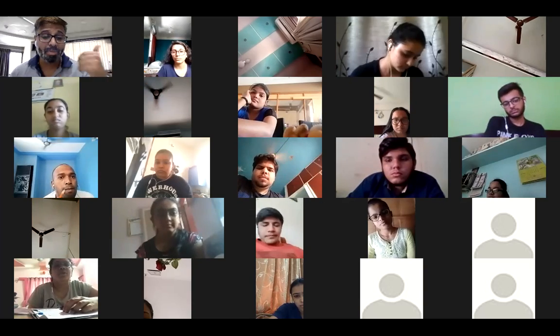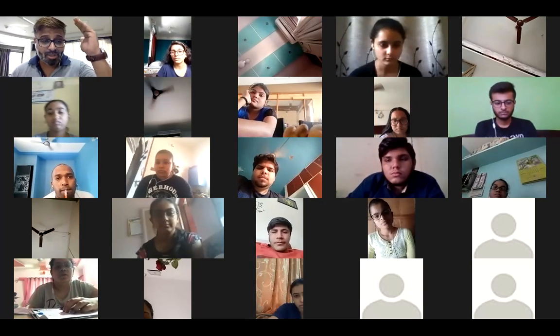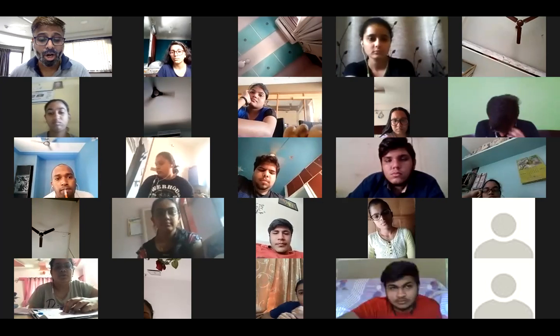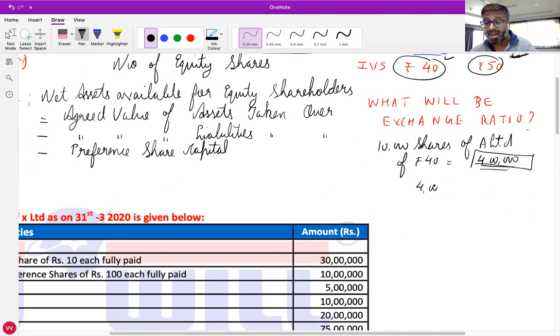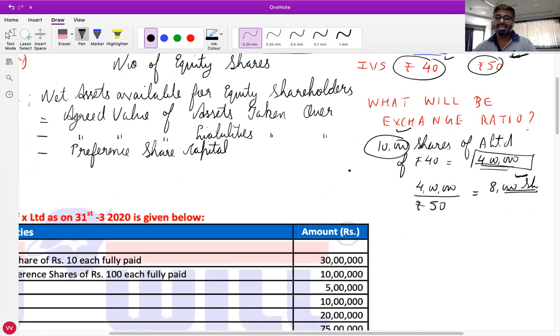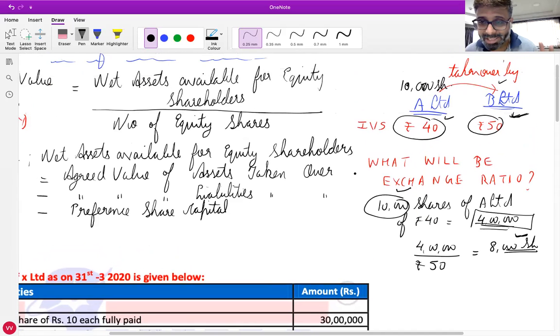Now if you give them 50 rupees value shares, the quantity of shares given will be less to match the total amount. So 4 lakhs divided by 50 is 8,000 shares. There they are having 10,000 shares, but we will give them only 8,000 shares. Is this actual logic of intrinsic value clear to everyone?